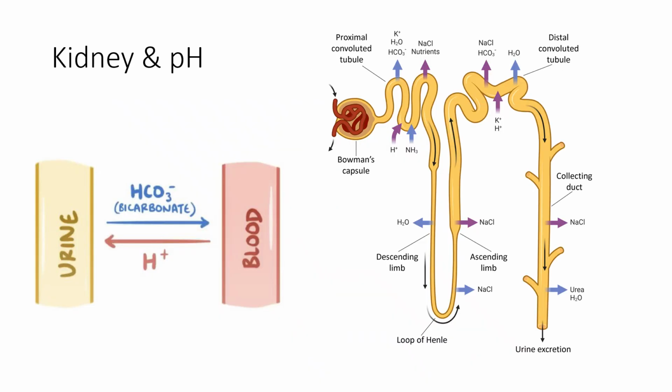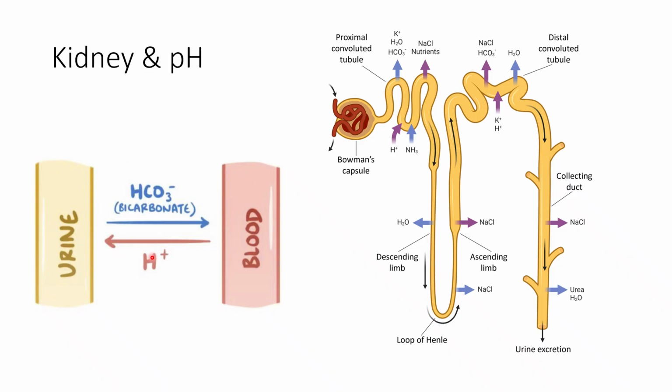Initially we talked about how the kidney is not just making urine, but maintaining homeostasis. One important part of that homeostasis is the pH. In the very basic sense, the kidney takes acid out of the body, that is H plus ions, and excretes it in the urine, and saves or regenerates bicarbonate.